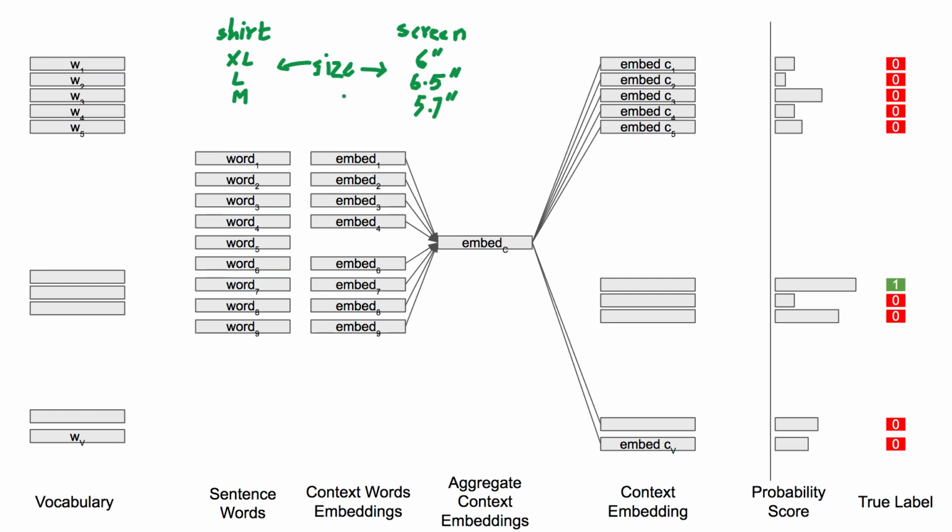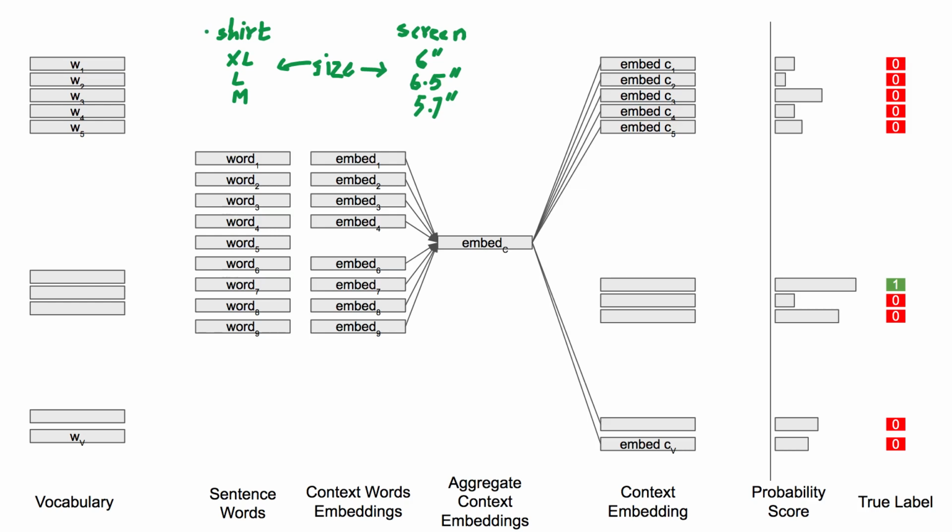Now, if you're looking at a context where you have shirt size and say XL, and since this is a sliding window, in some instance size is the target word, in some instance XL is the target word, and in some instance shirt is the target word.